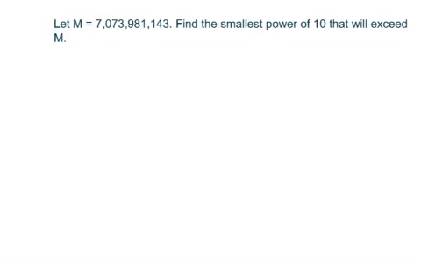So I want to think, 10 to what power would exceed this value. In order to do this, it's quite simple. You're literally just going to count the number of digits that m has. So if I count, I have 1, 2, 3, 4, 5, 6, 7, 8, 9, 10.